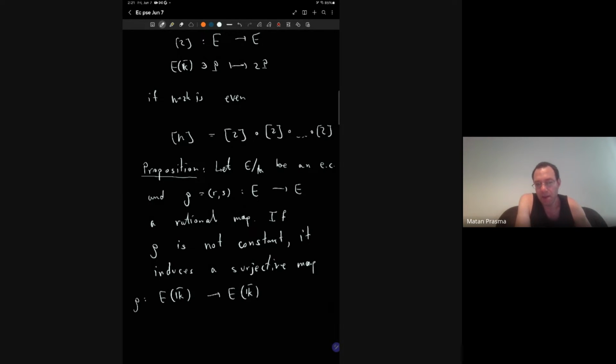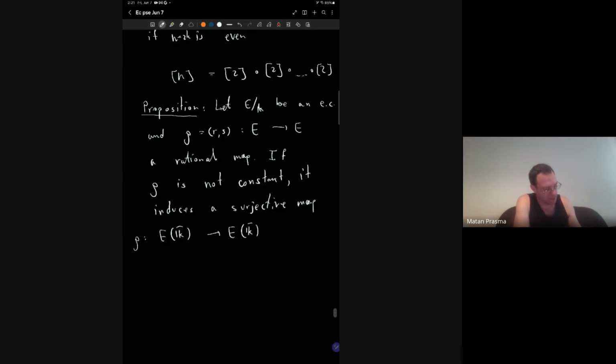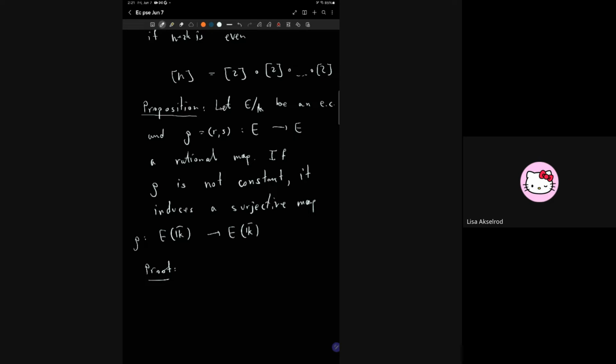You cannot have non-surjective maps that are defined by rational functions R and S. Does surjective in this context mean surjective or bijective?